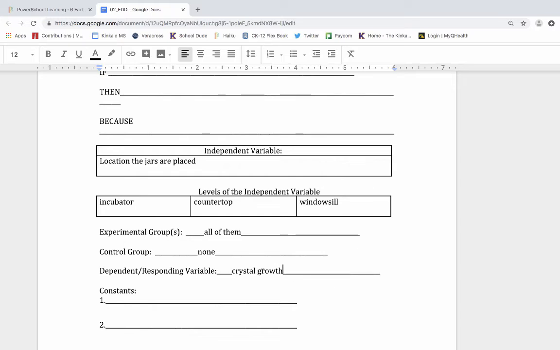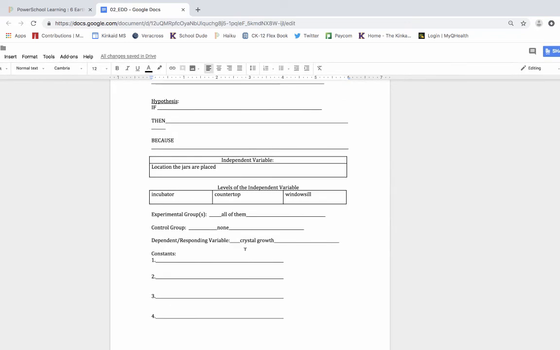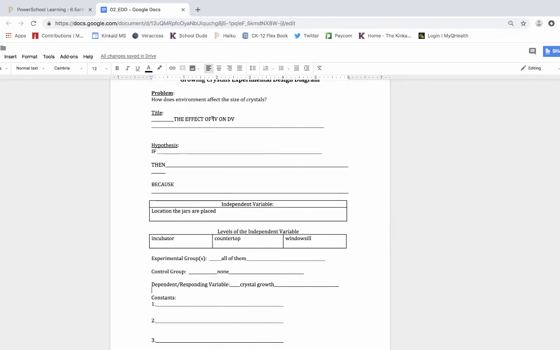So at this point, now that we've identified the independent and dependent variable, we can better state our title. So looking at the title, we had the effect of IV on DV. Now we've said that the IV is location, or we could say the effect of the location of the jars on crystal growth.